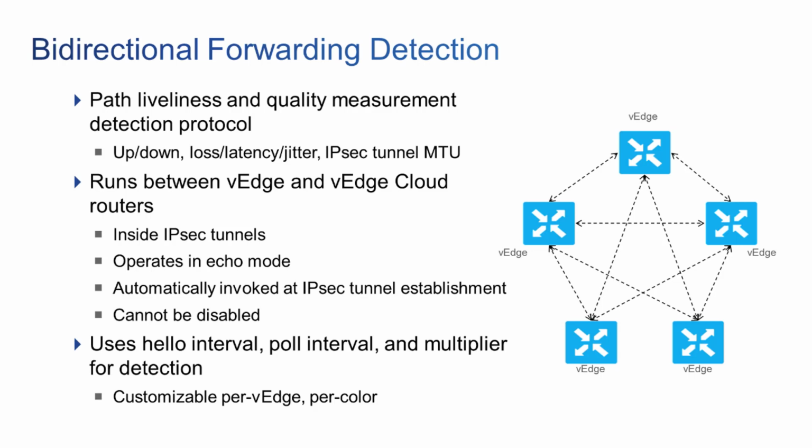It automatically starts when the IPSec tunnel is established, and it cannot be disabled. So we use a hello interval to establish the up and down detection process, and we use a poll interval and a multiplier for the application-aware detection. Again, we'll talk about those details later on when we get into the BFD feature template.